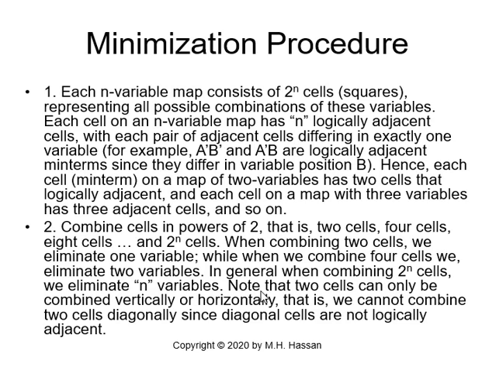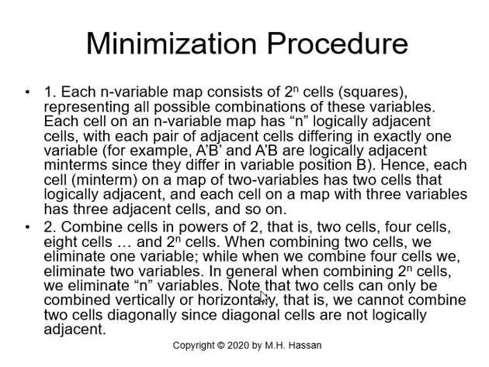Hence, each cell or minterm on a map of 2 variables has 2 cells that are logically adjacent, and each cell on a map with 3 variables has 3 adjacent cells, and so on. We combine cells in powers of 2. It means we can combine 1 cell only, 2, 4, 8, 16 and so forth.